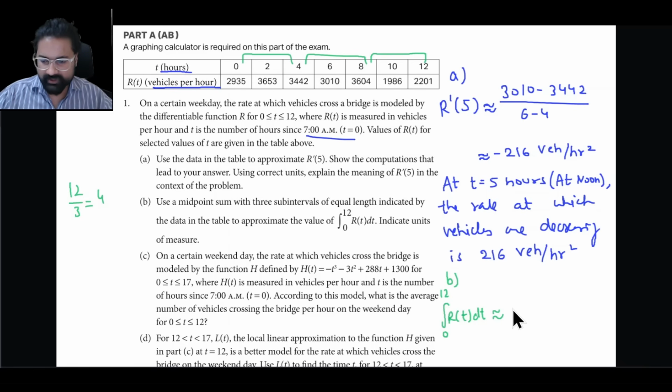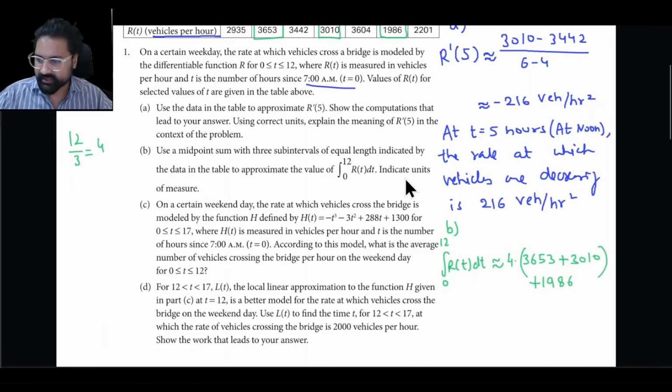So width is common, so I'm just going to put the width outside. And midpoint means you will just take the middle values of all the intervals, the middle y values. So you will take 3,650, 3,010, and then 1,986. That should be your approximation.